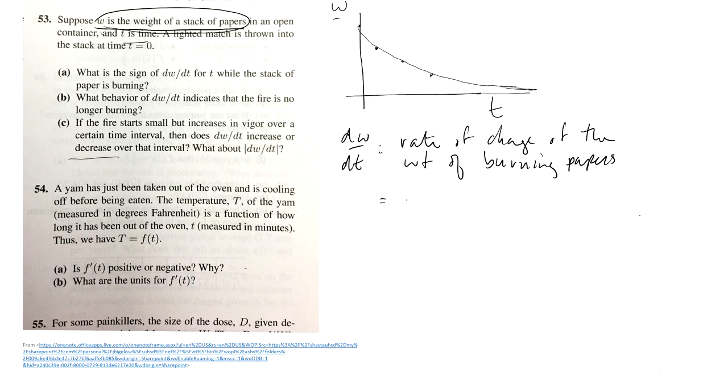It's going to be something like negative 0.5 pound per minute, or negative 1 pound per minute, depending on how fast the fire is burning, right? Because for every minute, it's going to be going down half a pound. Or for every minute, it's going to be going down a pound, right? Negative 1 pound. So the rate's going to be negative.